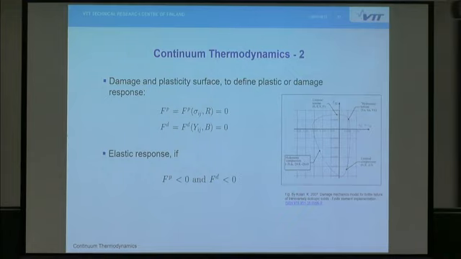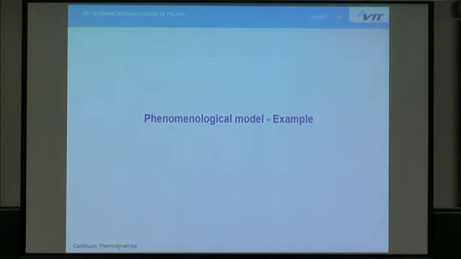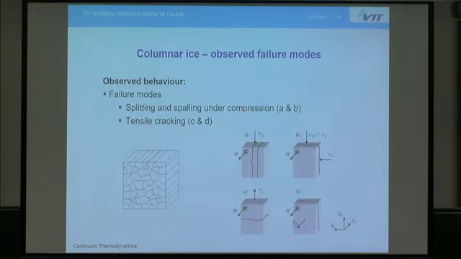Then we need some equation to define when damage or plastic deformation will start, so a yield surface or damage surface. And the third one needed is some equation which we can use to describe the evolution of the damage. So these three equations are needed. I'll give an example.